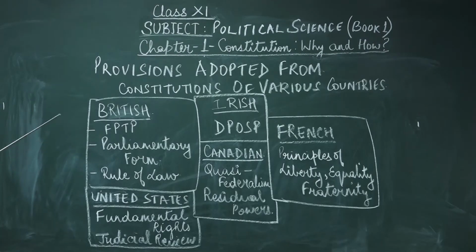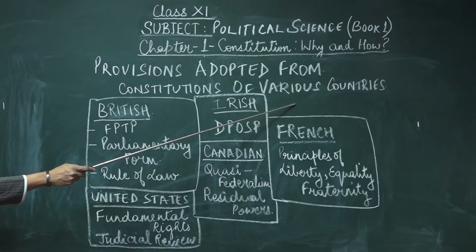The Constituent Assembly spent a lot of time in evolving the right balance among the various institutions like the executive, the legislature and the judiciary. While evolving the most balanced governmental arrangements, the makers of the constitution did not hesitate to learn from experiments and experiences of various other countries.